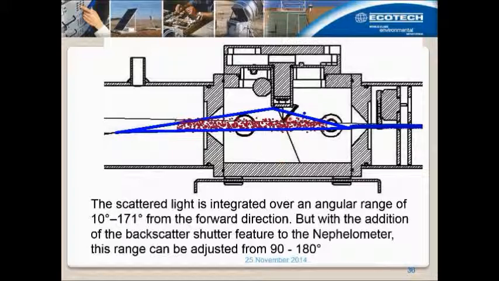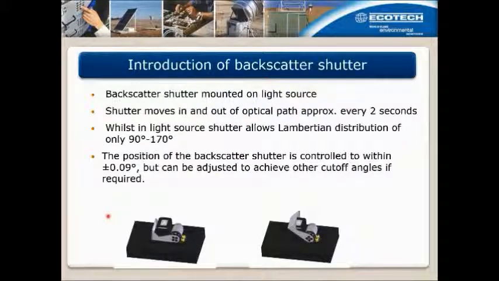You measure once without the shutter and once with the shutter, and then you have forward scattering and total scattering, and the range from 90 to 180 degrees is measured, which gives you the asymmetry parameter. In practice, we have very nice little mechanics doing that. You see how it's done with that little motor, where you shield the light source toward the photomultiplier area in this direction, and that's basically how the backscatter works.